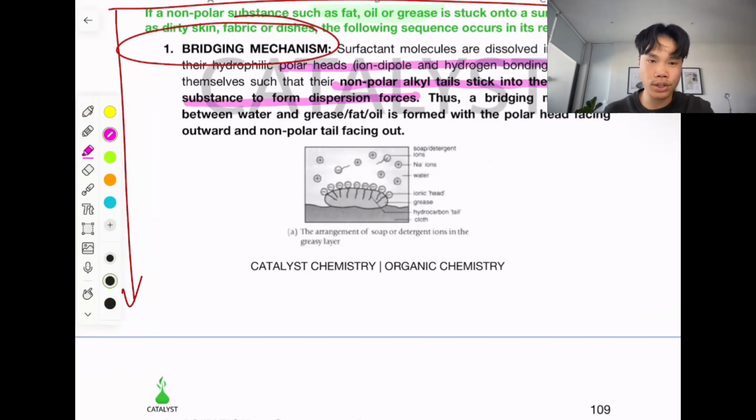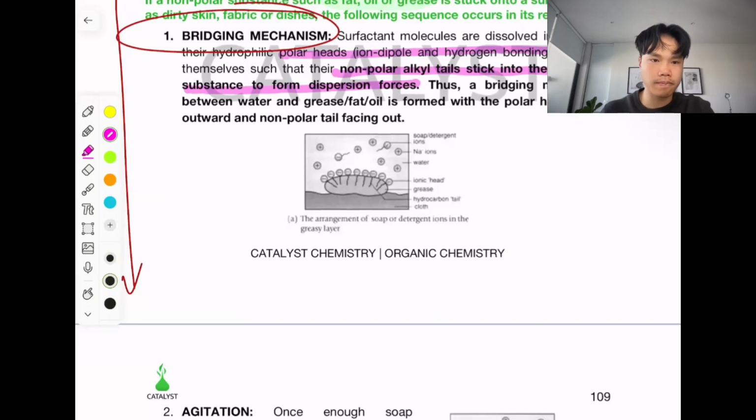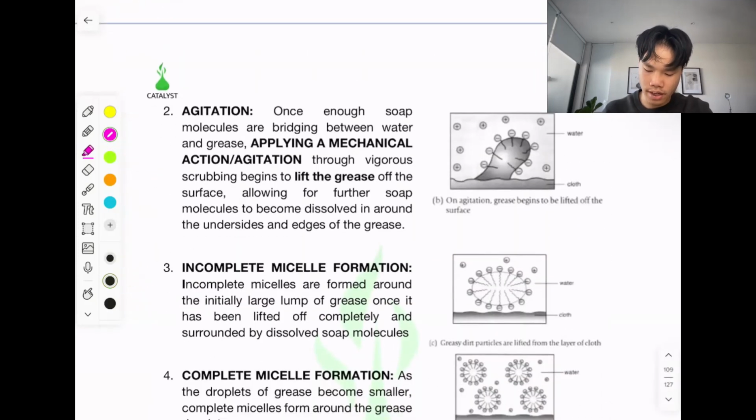It is essential you state the intermolecular forces. That's what the markers are actually looking for. You then have to agitate in order to apply a mechanical action, which lifts the grease up off the surface and allows more soap molecules to get underneath the grease as it's lifted up.